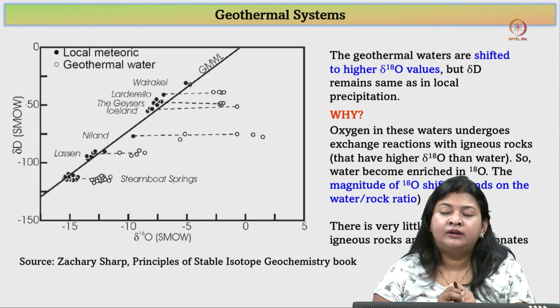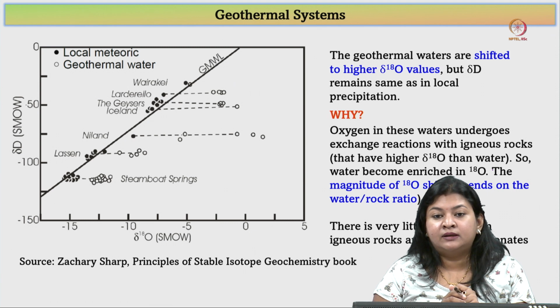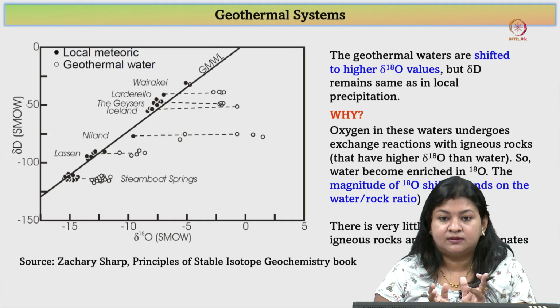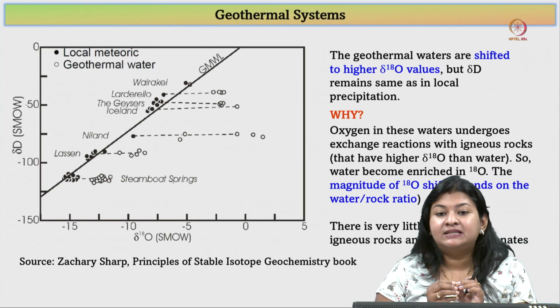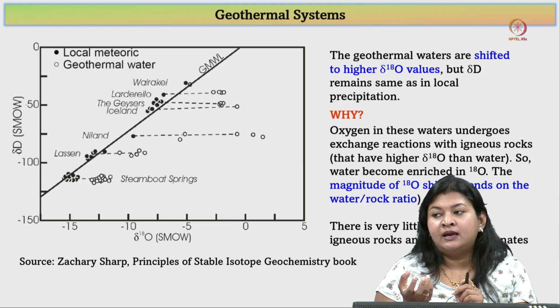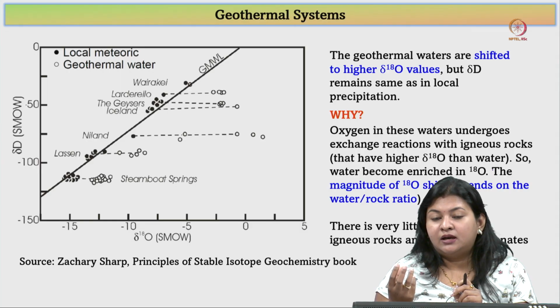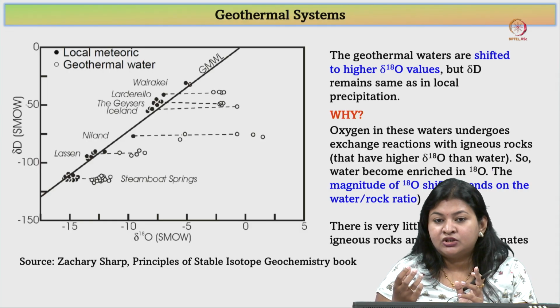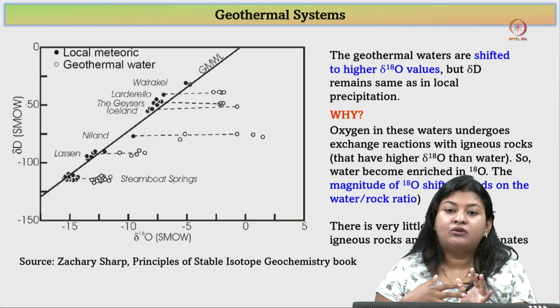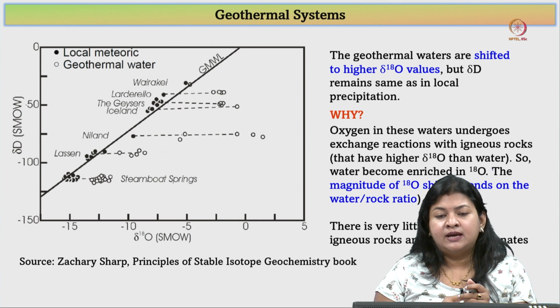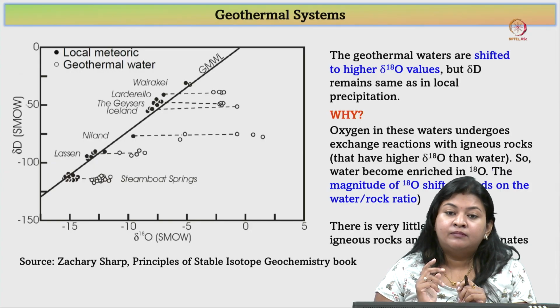And I think if you have visited somewhere in the mountain areas, especially in the Himalayas, you will see there are a lot of hot springs, and these are natural springs. That means they are very close to some sort of heat source inside the earth's crust, maybe due to some magma chamber, or due to tectonic friction, some kind of tectonic activity which is causing the water to increase its temperature, very hot water, close to its boiling point.